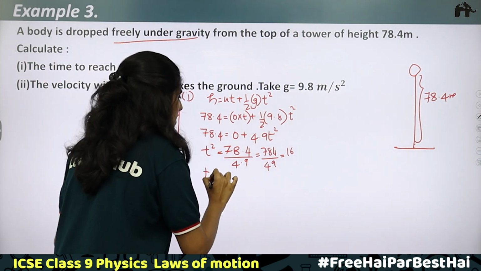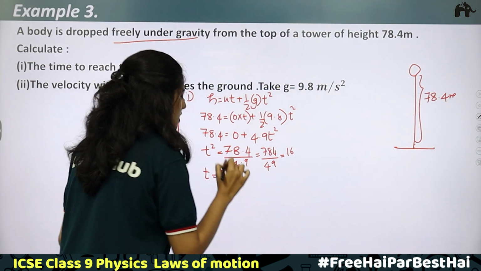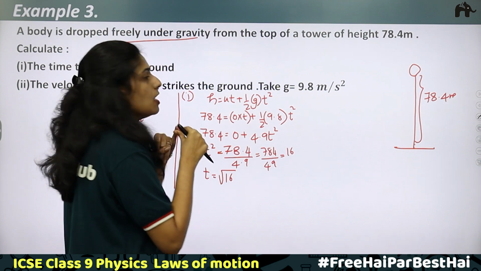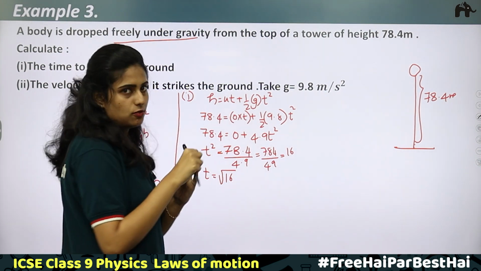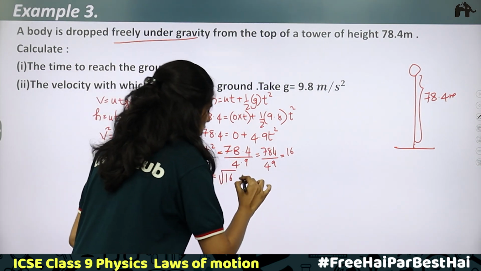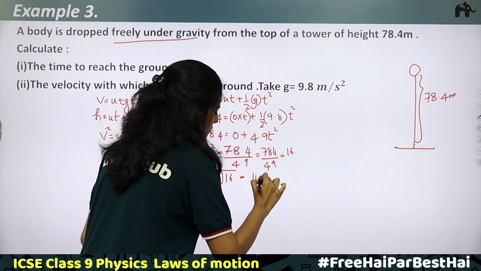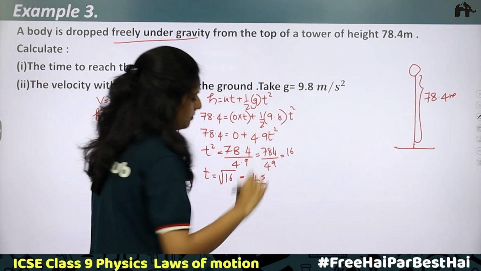Then what is t? t will be equal to root 16. Two values are possible, positive 4 and negative 4. Time cannot be negative, so the only possible value is positive 4. 4 seconds is the time.